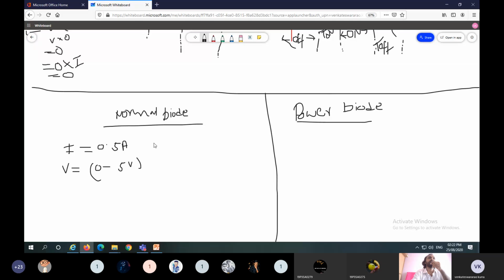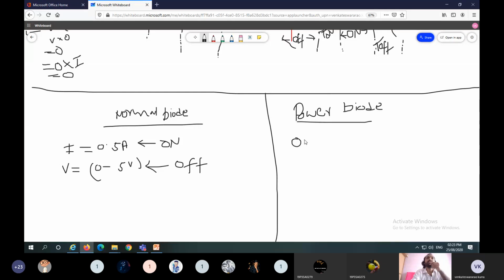So the maximum current carrying capacity of the diode during on state is 0.5 A, and the maximum blocking capacity of the device during off state is 5 V. So it can block 5 volts and carry 0.5 amperes of current. These are the ratings of a normal diode, and due to these low ratings, it can be used only for low power applications.